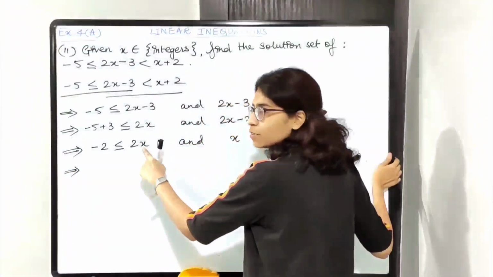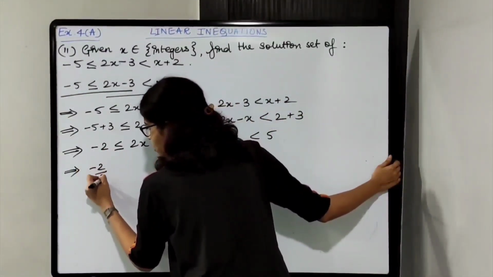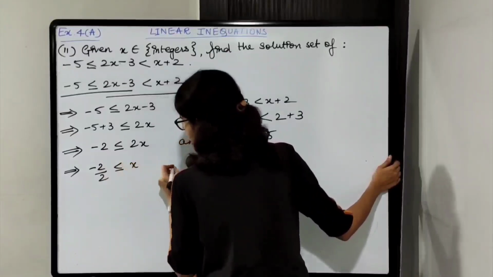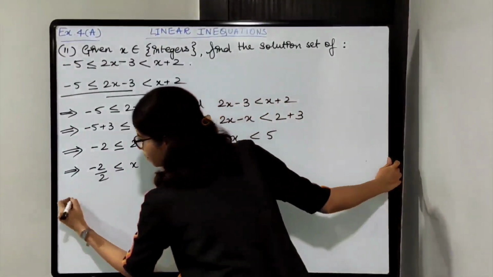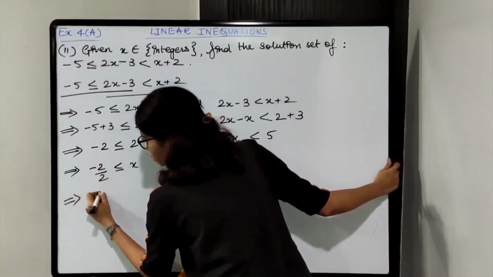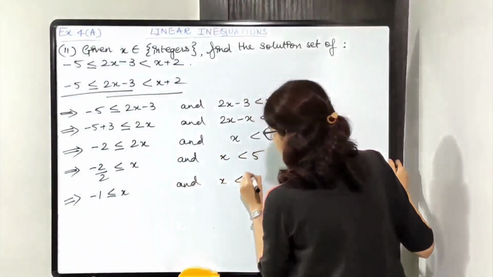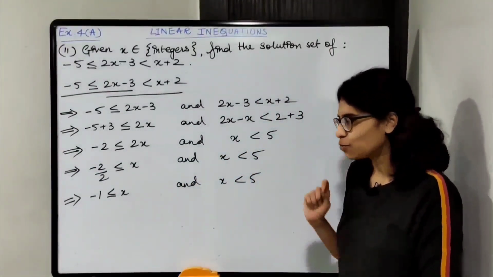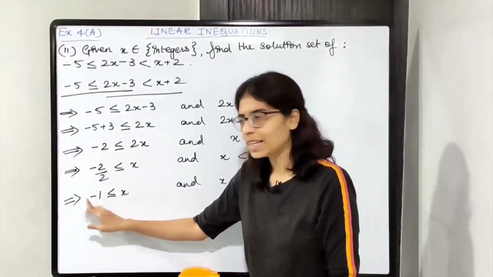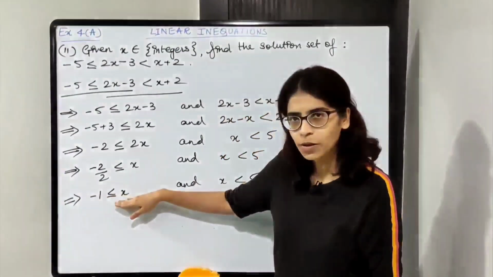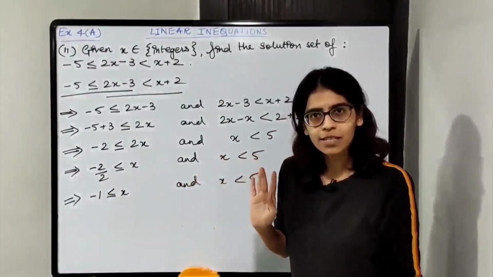X positive है, so I can shift 2 over here. So let us shift. -2 by 2 is less than or equal to x and x is less than 5. Here we get -1 is less than or equal to x and x is less than 5. So we are getting x is greater than or equal to -1. I can read it as -1 is less than or equal to x or x is greater than or equal to -1. दोनों तरीके से मैं read कर सकती हूँ.